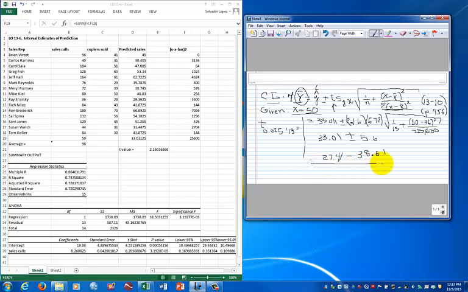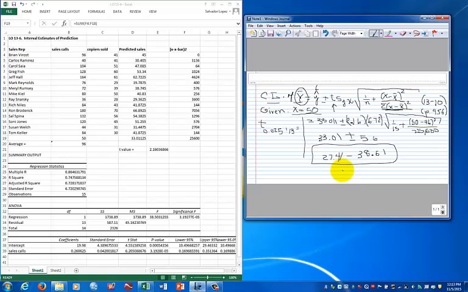All right, so that is the confidence interval for the average value of sales in the population for x equal 50, or for 50 calls. This is our 95% confidence level interval estimation.